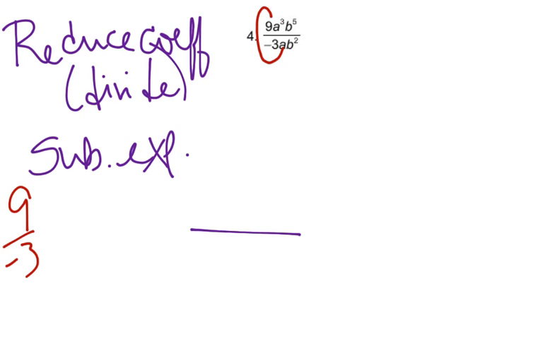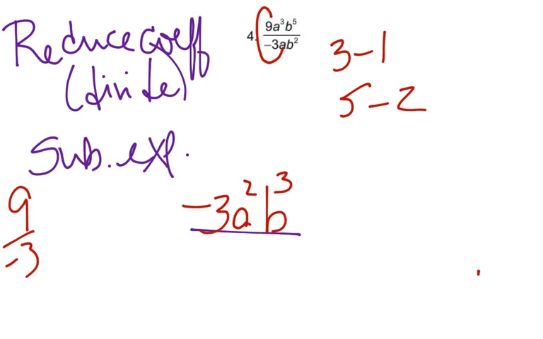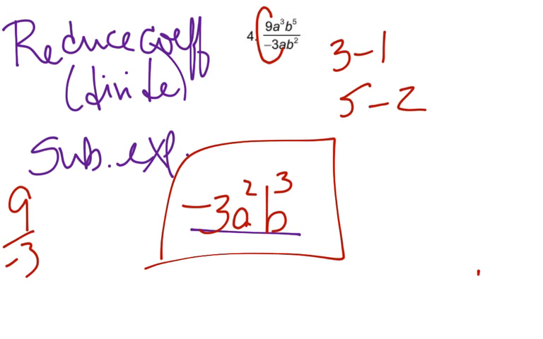I don't want a negative in the bottom, so I moved it to the top. 9 over 3 becomes 3. Subtract your exponents. 3 is bigger than 1, and so my a goes in the top. 3 minus 1 is 2. 5 is bigger than 2, so b goes in the top. 5 minus 2 is 3. It's okay for the bottom to be empty. There's your answer.